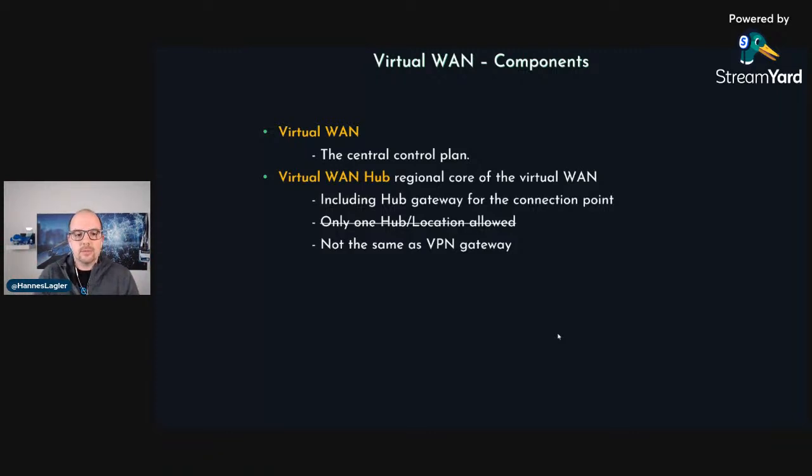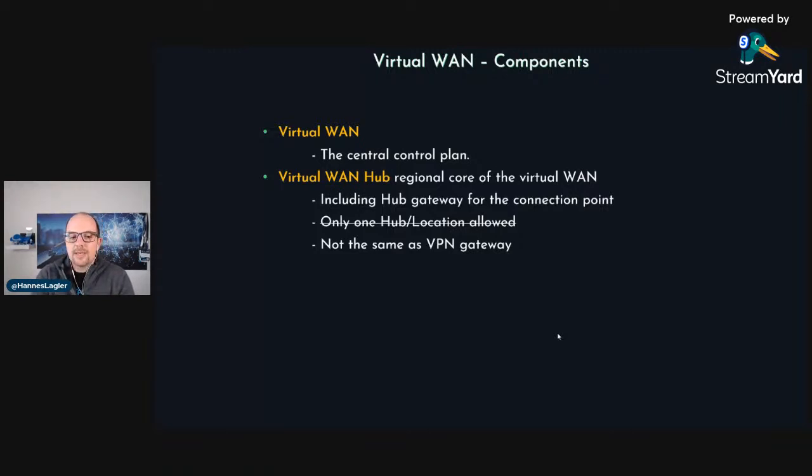Then we implement the vWAN hub. It's the regional core of vWAN. So when you say, okay, I want to connect my branch office from Austria, for example, I'm using the nearest data center location, Germany West Central, for example, or West Europe, what I prefer. Then I provision a vWAN hub in exactly this region. I can also implement a vWAN hub in other regions, as we mentioned before.